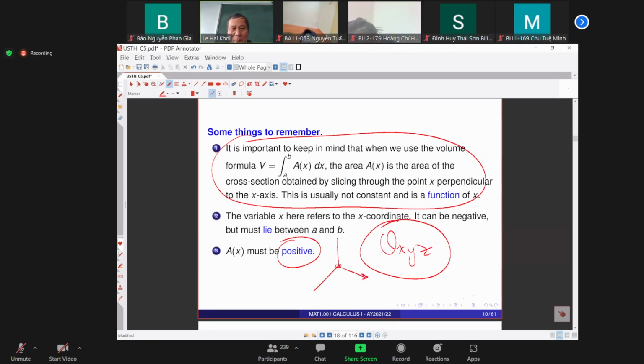And then from that, you take P(x), the plane perpendicular to the x-axis at a point with x coordinate, and find the cross section with the solid. After that, you get the area of this cross section and substitute into this formula, compute the integral, and you get the volume you want, right?